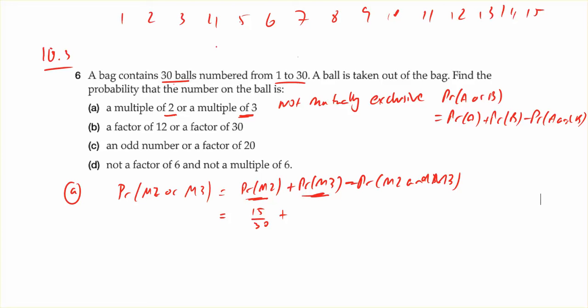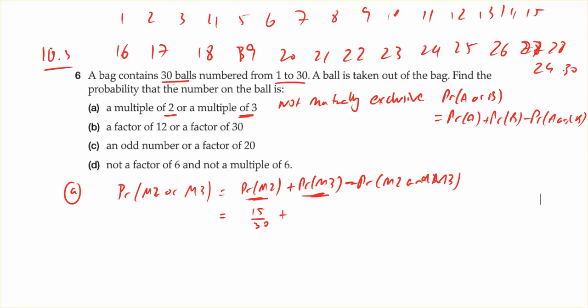Doing a number line because I don't want to miss any counts. 19, 20, 21, 22, 23, 24, 25, 26, 27, 28, 29, 30. So counting the multiples of 3: 1, 2, 3, 4, 5, 6, 7, 8, 9, 10. So multiples of 3 is 10 out of 30.